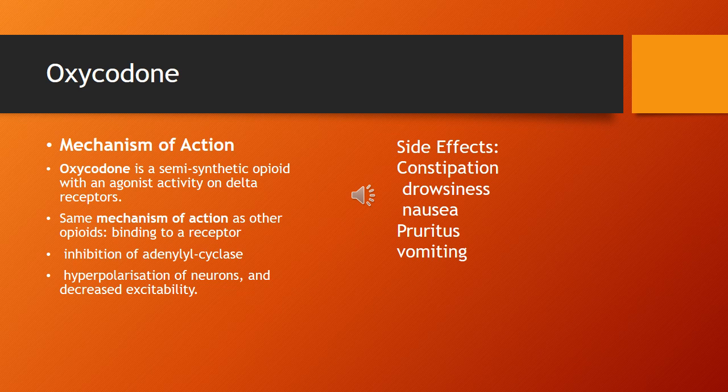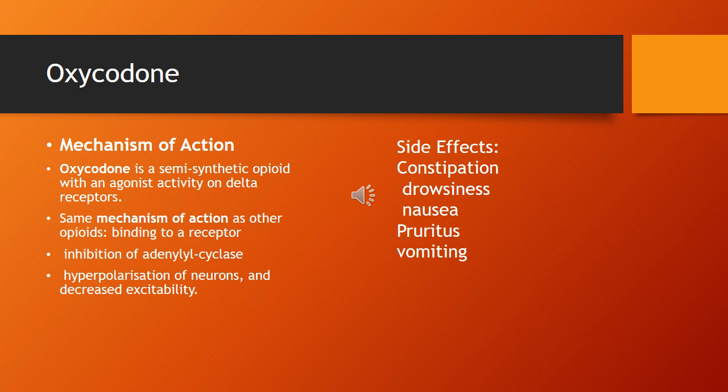Also on this slide, I chose to put mechanism of actions as well as potential side effects for medication use. Using oxycodone, there are side effects that can come up. Some of them can be constipation, drowsiness, nausea, vomiting.